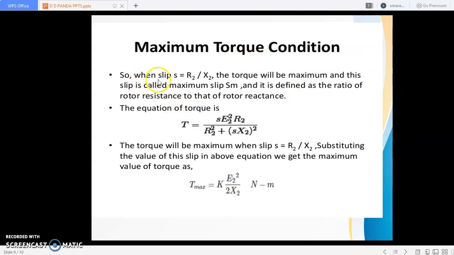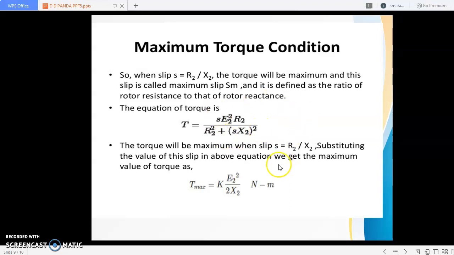So, when slip equals R2 by X2, the torque will be maximum, and this slip is called maximum slip, denoted as SM, and it is defined as the ratio of rotor resistance to rotor reactance. The equation of torque becomes T equals K S E2 square R2 by R2 square plus S X2 square.